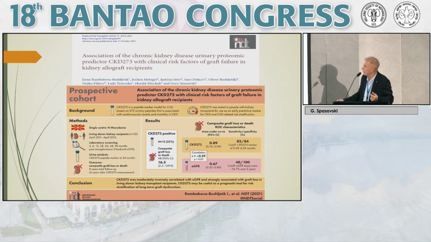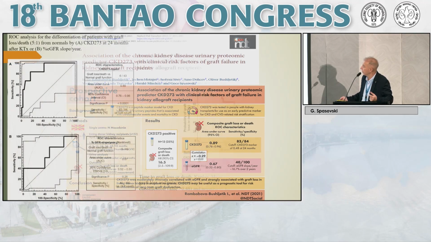And then we saw those who had increased CKD273, so positive. These were 13 patients. And we obtained a very high hazard ratio of 16.5 to develop the composite endpoint of graft loss and death, compared to those who are CKD273 negative.